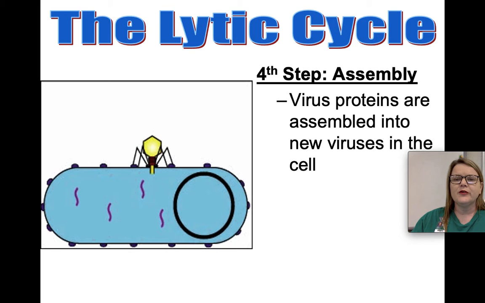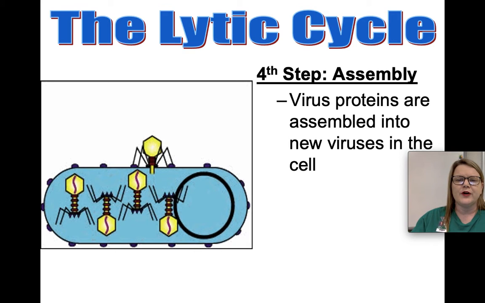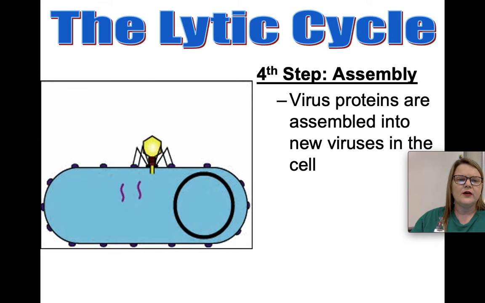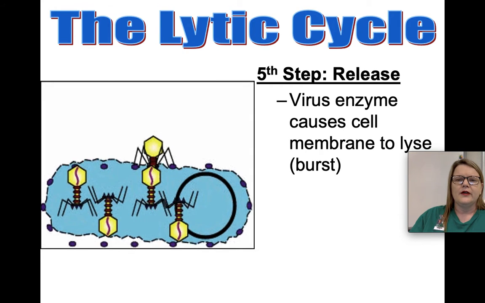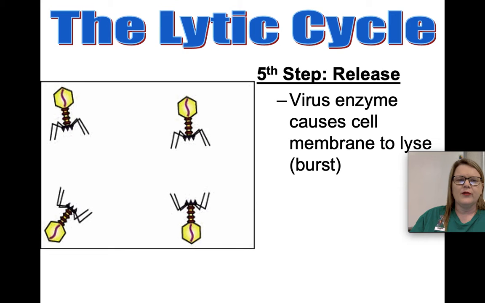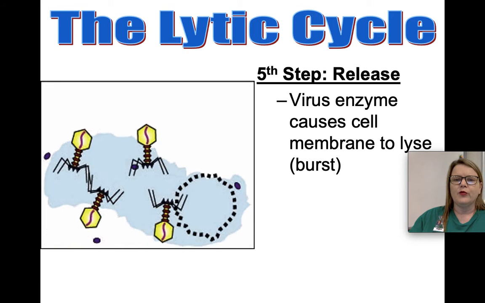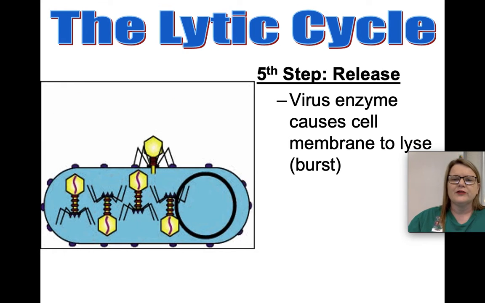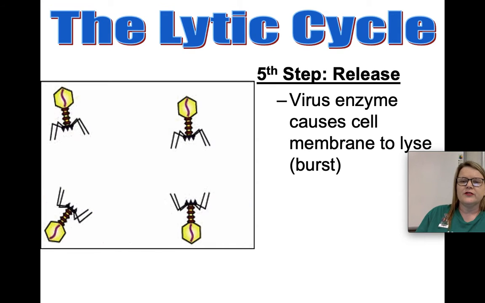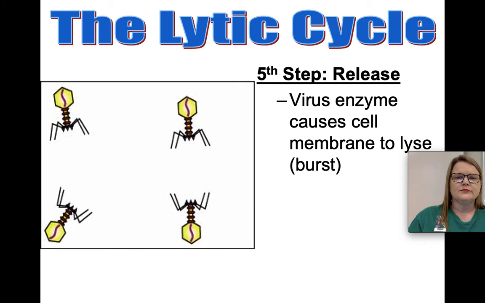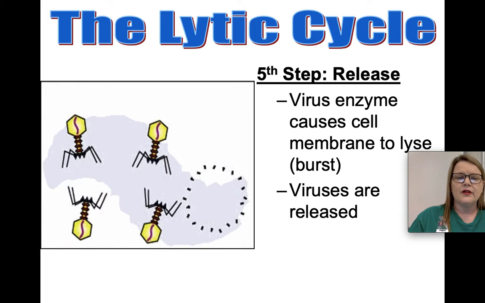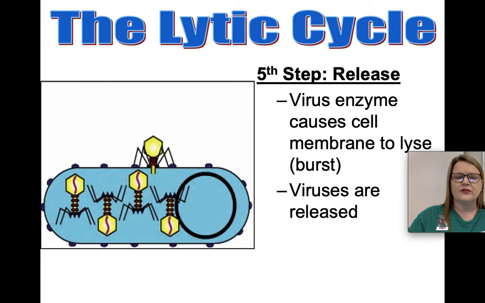Fourth step, assembly. Virus proteins are assembled into new viruses in the cell. So new viruses get formed in the cell. And then as this happens, the cell membrane will get broken down and it will burst. And so the virus enzyme will cause the cell membrane to lyse, which is also bursting. Then the viruses are released to the rest of the body.